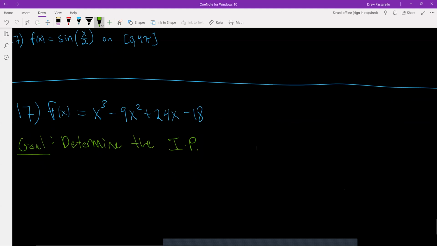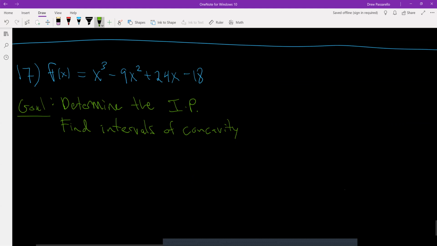We need to first determine the intervals of concavity, because you need to know where it switches concavity. So we're going to find the inflection points, and in the process of doing that, we're going to find the intervals of concavity. And this was done in the previous video.